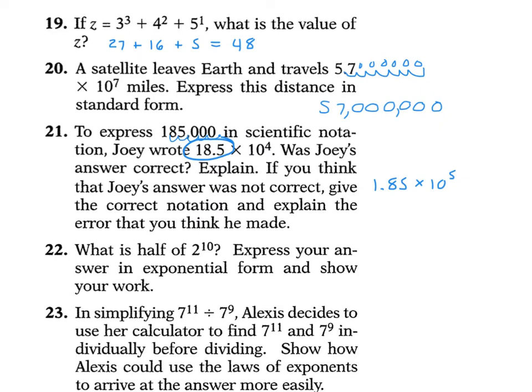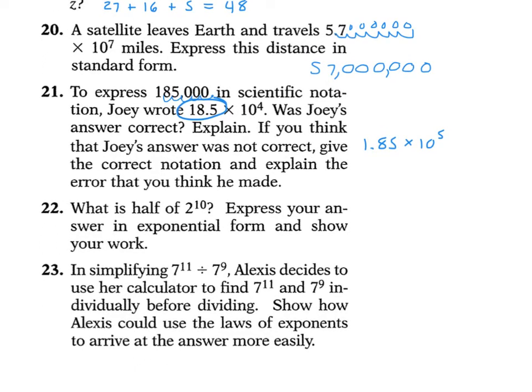Number 22, what is half of 2 to the 10th power? Express your answer in exponential form and show your work. So half of 2 to the 10th power would be whatever 2 to the 10th power is divided by 2. So 2 to the 10th power divided by 2.